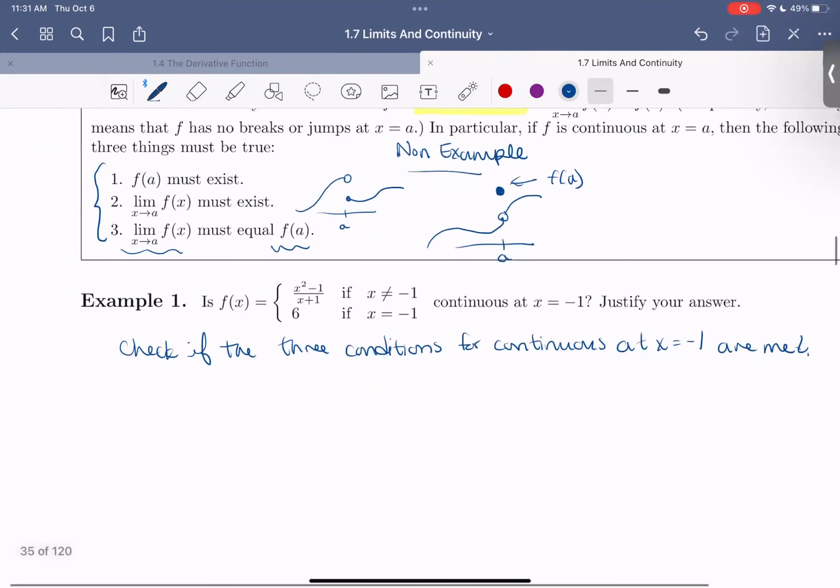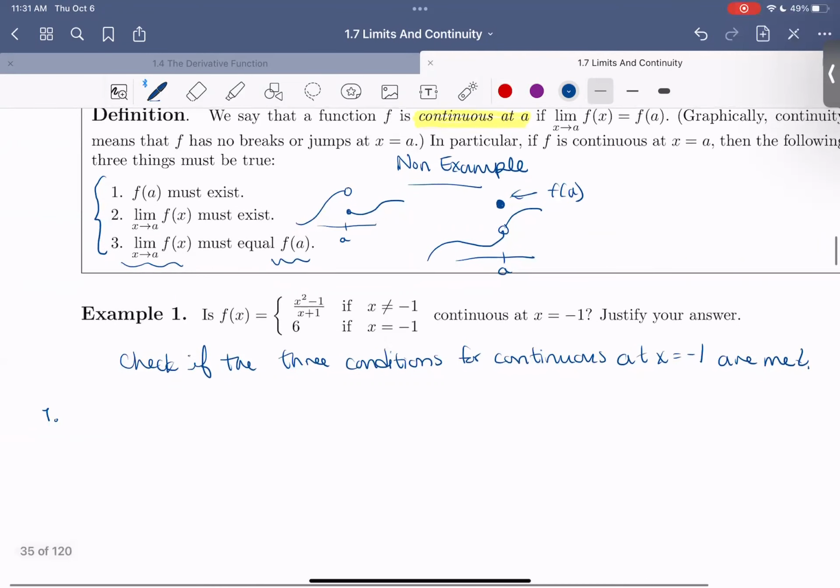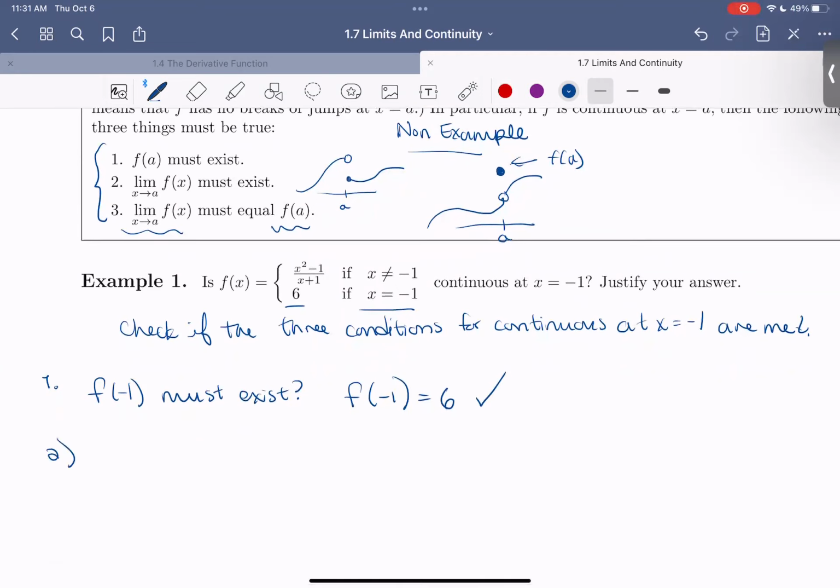All right. So first condition, f of -1 must exist. Does it? Well, we are told that when x equals -1, the output is 6. So we're told f of -1 equals 6. So check, satisfied.